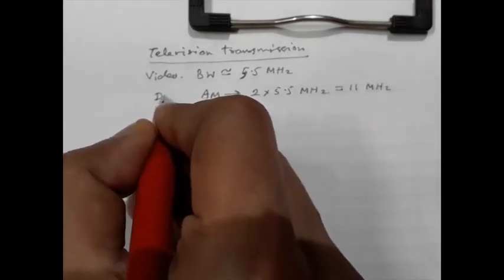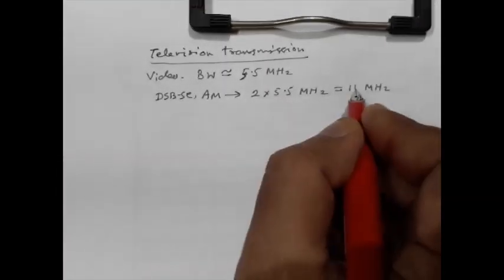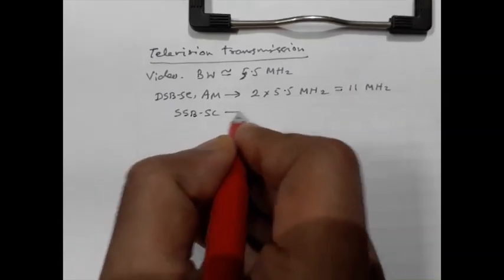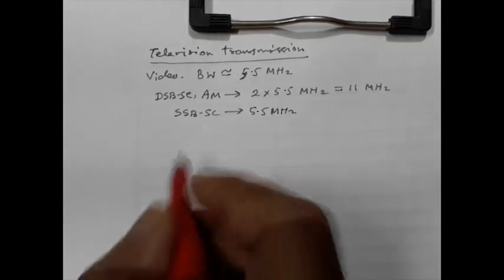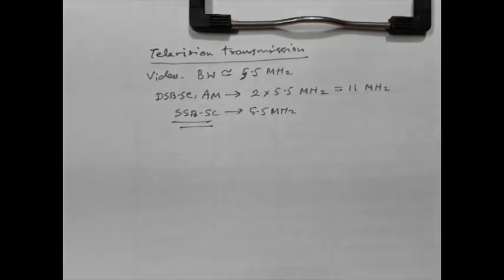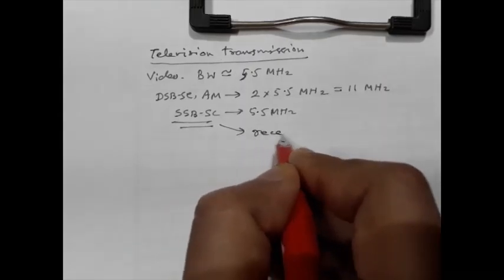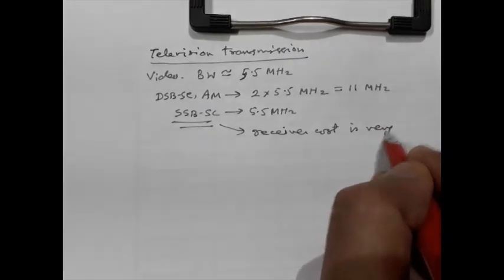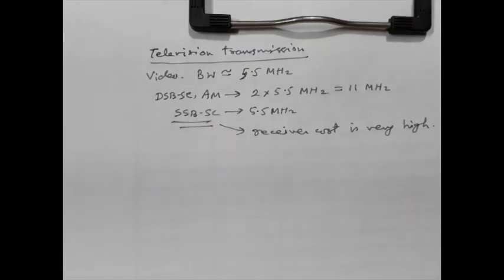Similarly, if we use DSB-SC, we require the same bandwidth. What about SSB-SC? It requires 5.5 megahertz. So SSB-SC is the best choice, but for SSB-SC the receiver cost is very high, so we cannot use SSB-SC because the receiver cost will be very high.